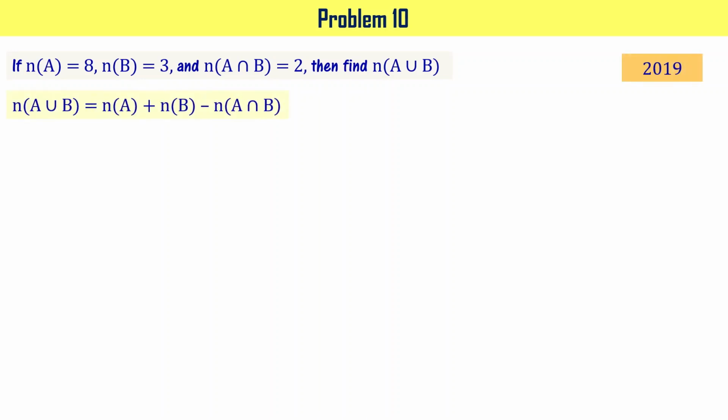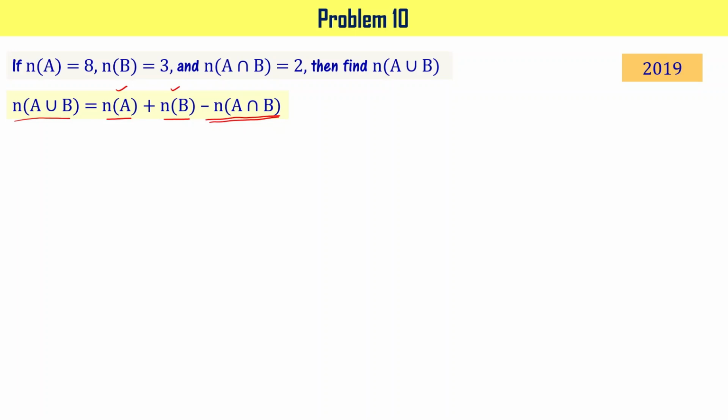We know this formula, n of A union B equal to n of A plus n of B minus n of A intersection B. The reason is that when you add n of A and n of B, you are accounting for the intersection part twice, right? That's why once we are subtracting that, so that you are going to have n of A union B, right?